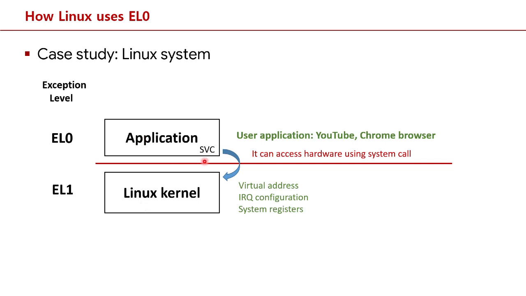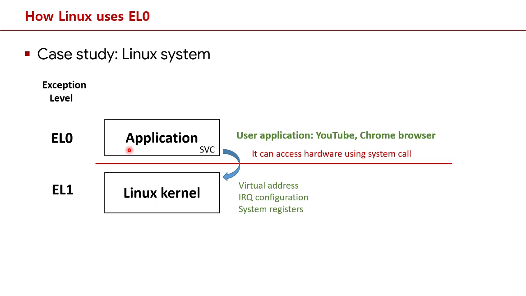This system call interface in the Linux operating system can be implemented using the SVC assembly instruction. So access to hardware resources is not allowed at exception level 0, but software will need to access hardware resources in those situations. Then it should use the system call interface.